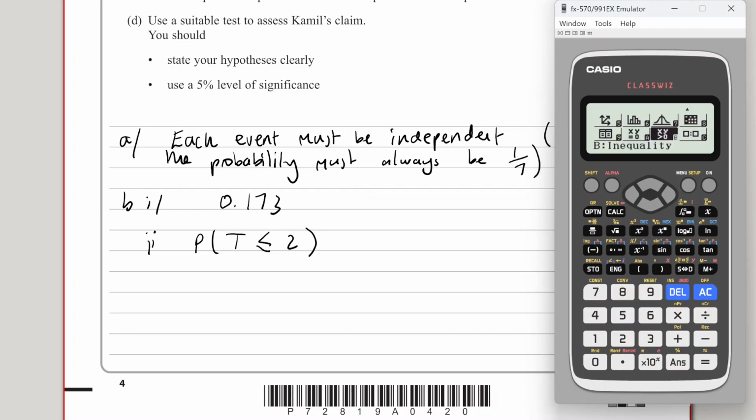So binomial cumulative. So this time we're after 2, but it's still 40 and the same probability. We get 0.0616.